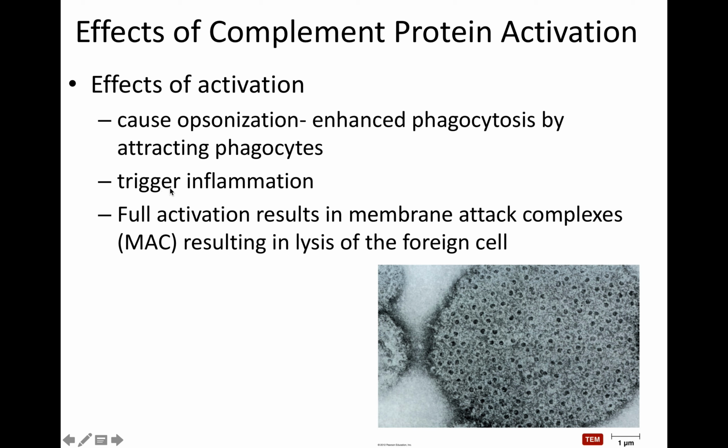Complement can also trigger inflammation, and a full activation results in what are called membrane attack complexes, or MACs, which would result in the lysis of the foreign cell. So here you see all these little pock marks on the bacteria. Those are all membrane attack complexes, so the cell membrane would be compromised and the cell would be lysed open eventually.